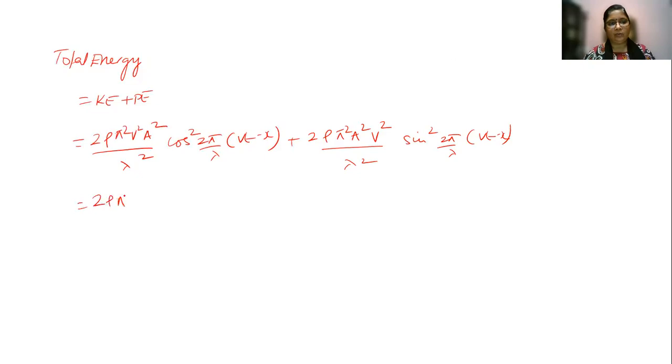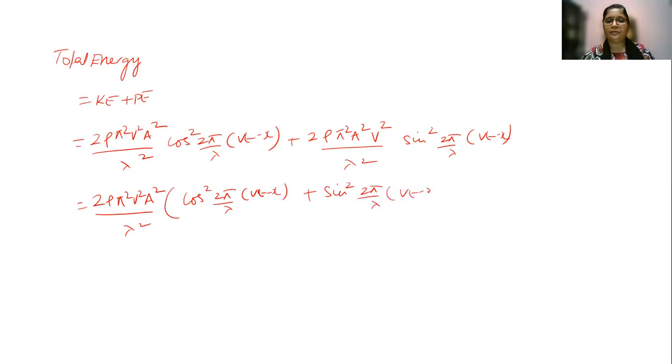So what do you get here? 2 rho pi square v square a square by lambda square, take common, cos square 2 pi by lambda (vt minus x) plus sine square 2 pi by lambda (vt minus x), because this is common. So you know cos square theta plus sine square theta is equal to 1.